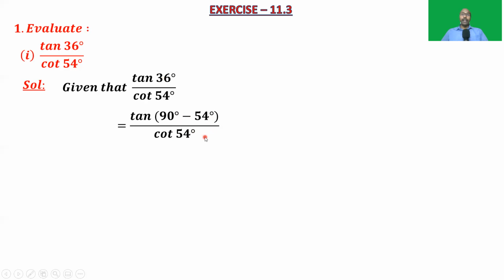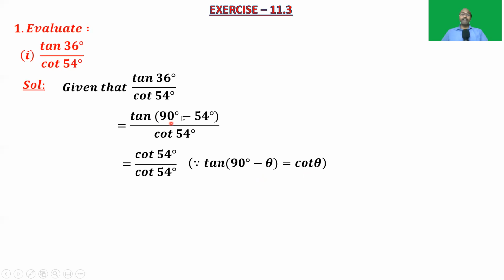But we have tan of 90 degrees minus theta is equal to cot theta. Okay, complementary of tan is cot. So that's why we get here tan of 90 degrees minus 54 degrees as cot 54 degrees, because we have the formula tan of 90 degrees minus theta is equal to cot theta.